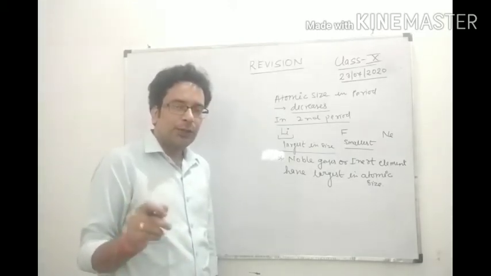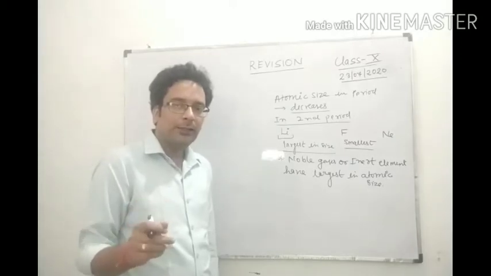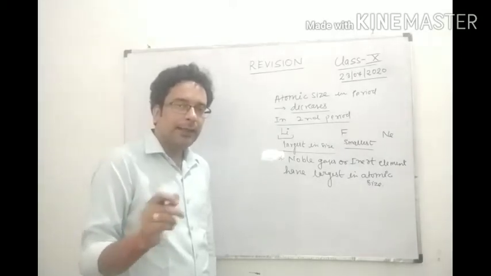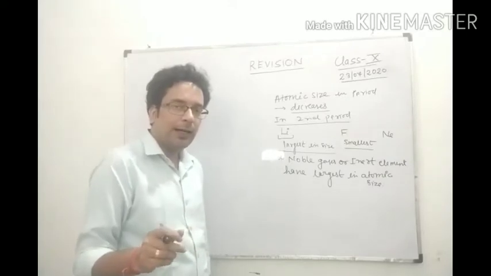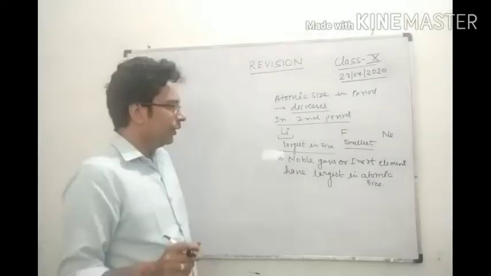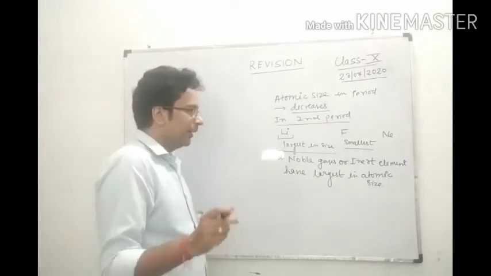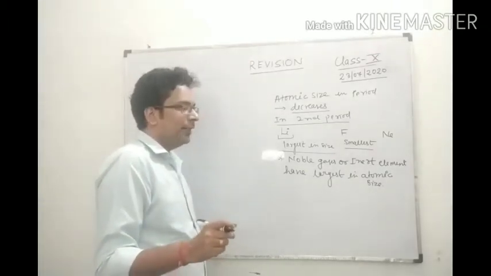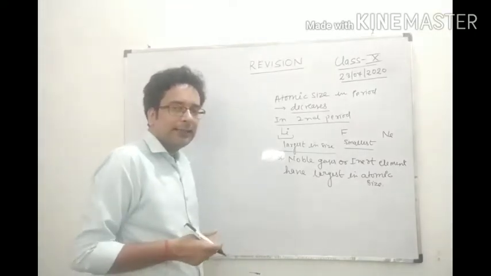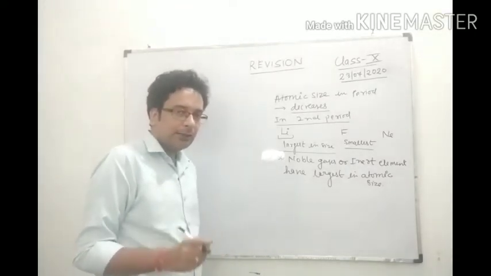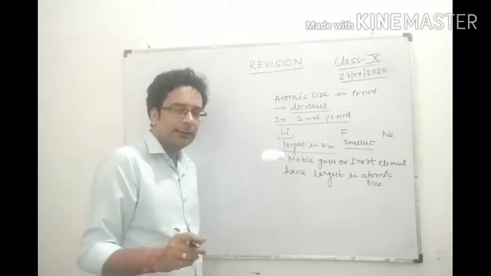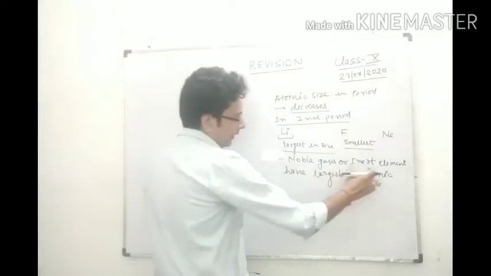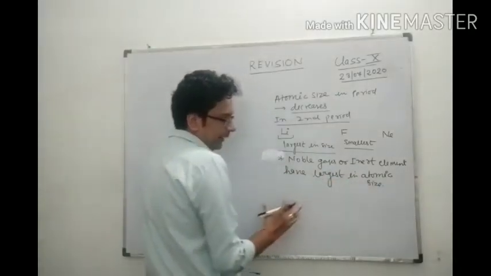You put the tick on that option in which you are sure that the option is correct. So if the question asks which of the following has the largest atomic size, and in the options there is noble gases, then you tick the noble gases, because noble gases are inert elements, with the largest atomic size.